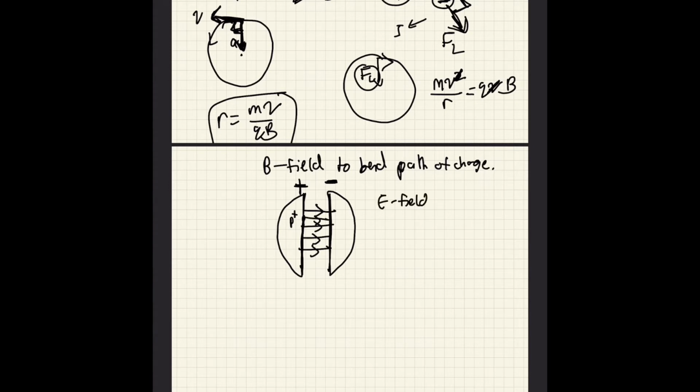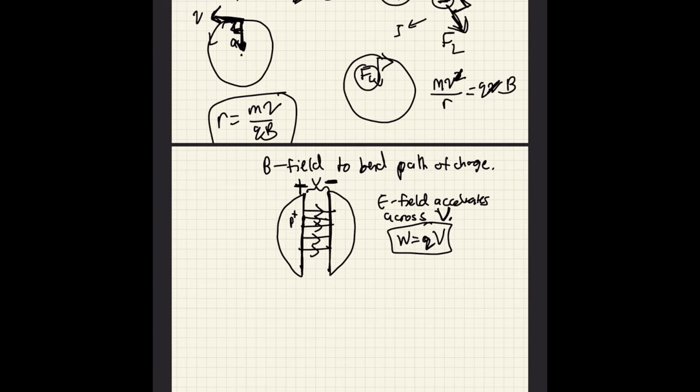The electric field accelerates the proton across the potential difference. Let's say the potential difference is V. Okay, and so it will gain energy. The proton will speed up, gain energy. The energy it gains is the work done, QV. So that's the energy gain, where Q is the charge of the proton. Okay.